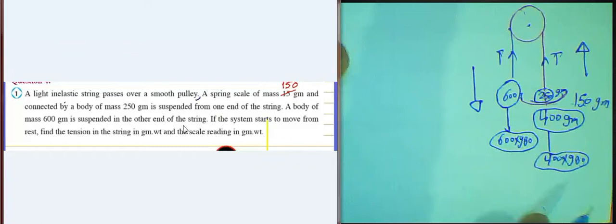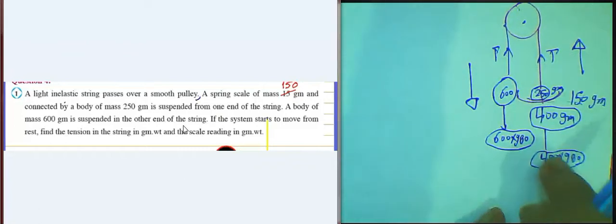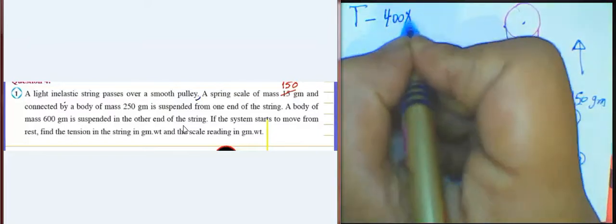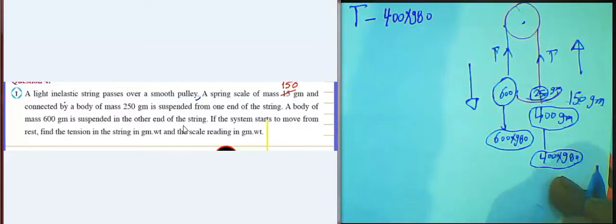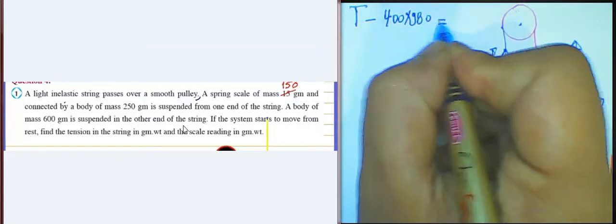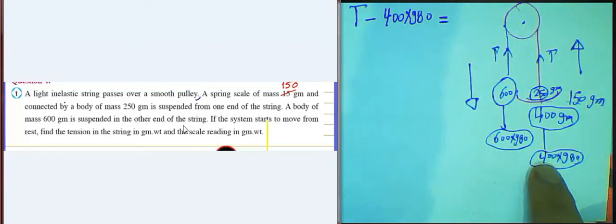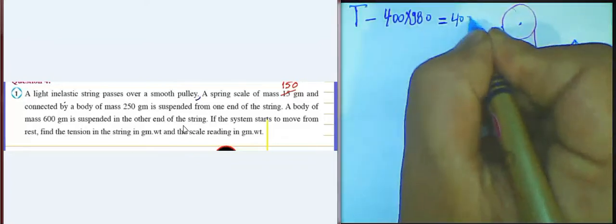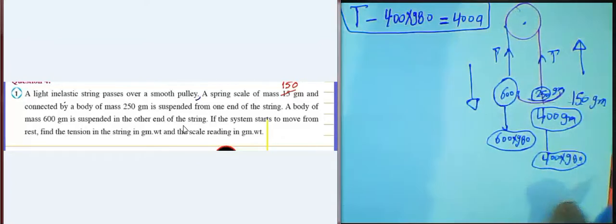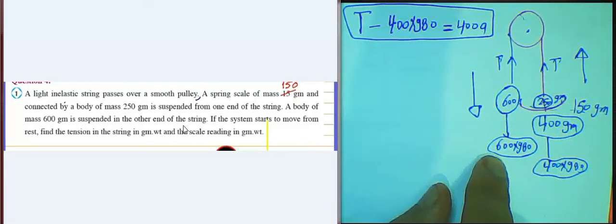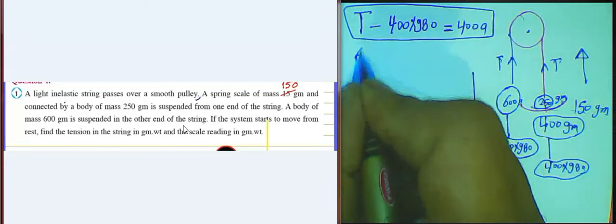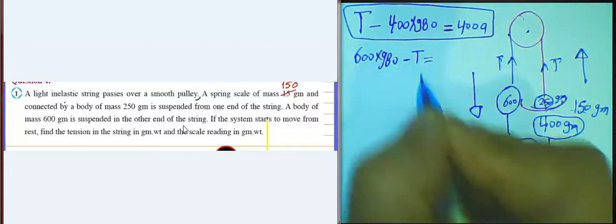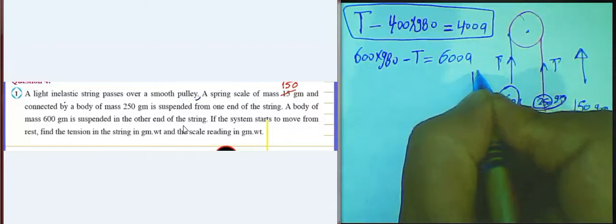We can write the two equations about them. T subtract the weight, T subtract 400 multiply 980, equals M multiply A, where M was 400 multiply A. And the second equation, we can write here 600 multiply 980 subtract T equals M multiply A, 600 A. It's relation number 2.